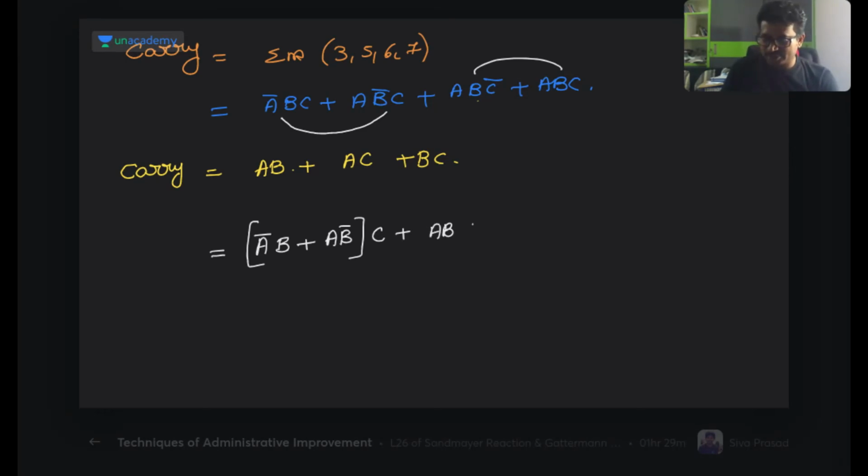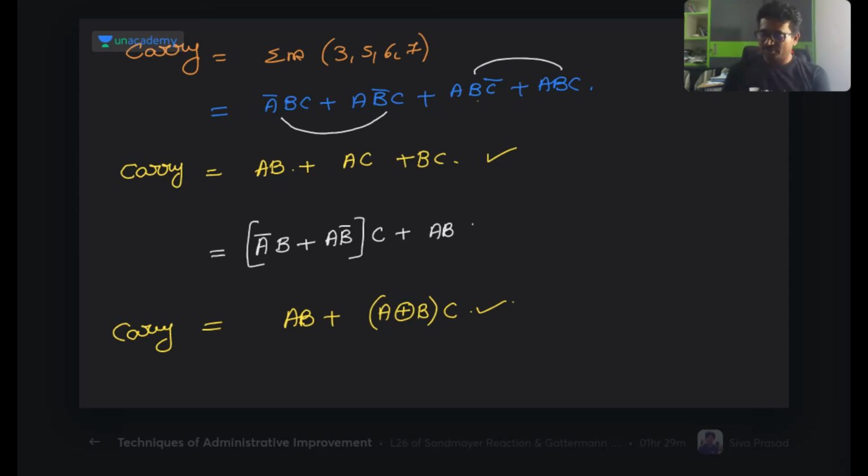Now this is nothing but AB plus A XOR B into C. This is the carry. So we can remember both carries. Sometimes we use this one, sometimes we use that one. Right?